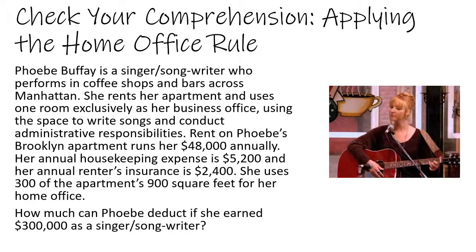First, we need to compute the annual rent expense related to the apartment. This would be the equivalent of leasing an actual office space if she had a designated office space outside of her apartment. So to figure that out, we take the total expenses related to her apartment and figure out which portion is attributable to her home office. Apartment expenses include her rent, her housekeeping, and her renter's insurance.